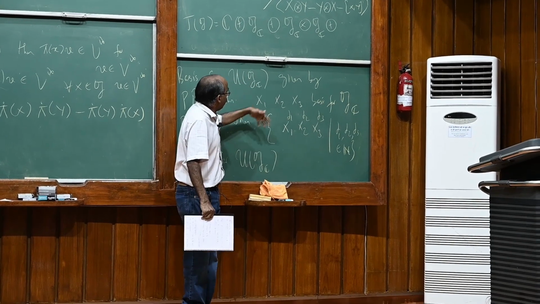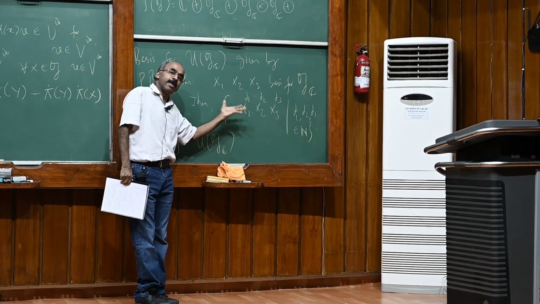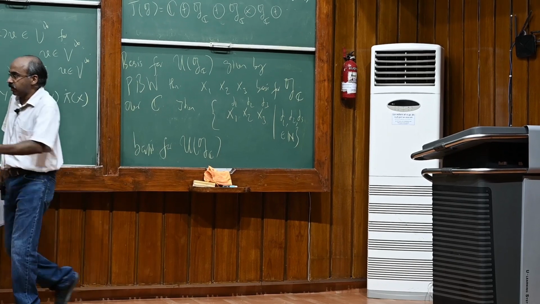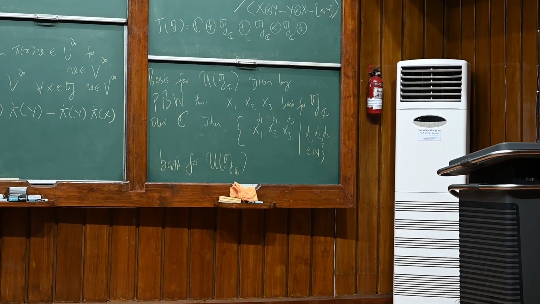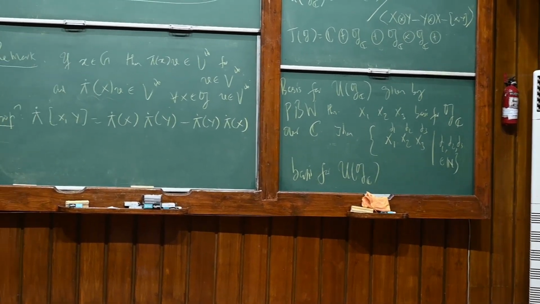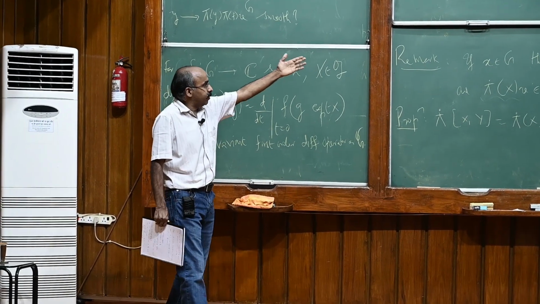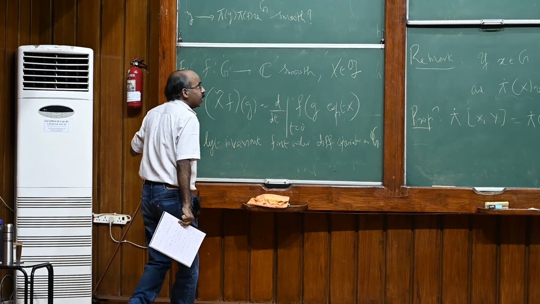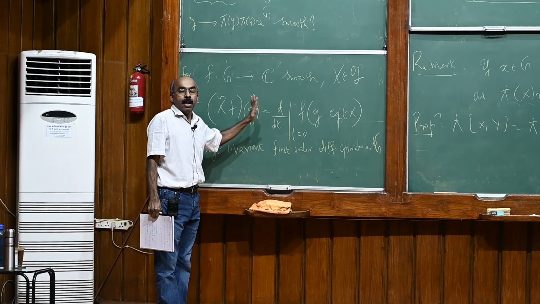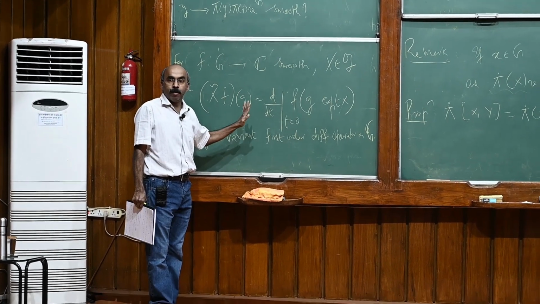Okay, so all of U of G_C can be thought of as left invariant differential operators. Of course there is something to be proved, that the map is a one-one map. But once you prove that, even though there is an algebraic definition for the universal enveloping algebra, you can think of that as the algebra of left invariant differential operators on G.